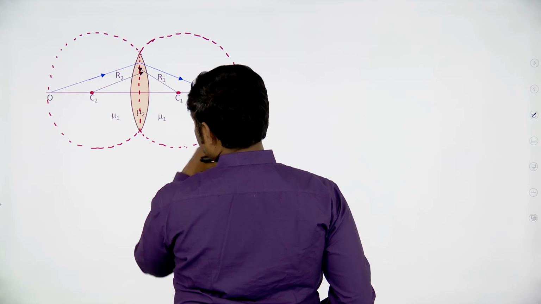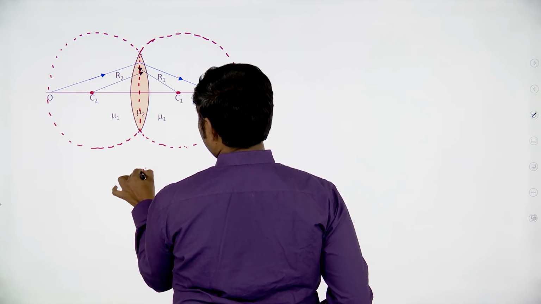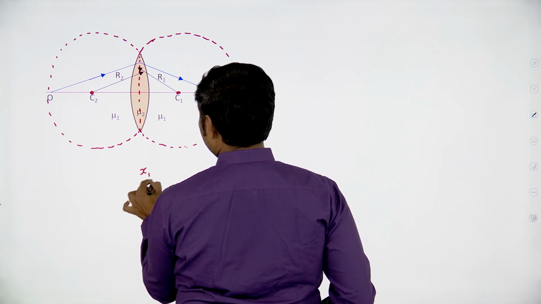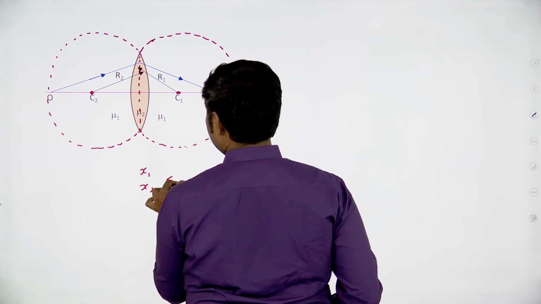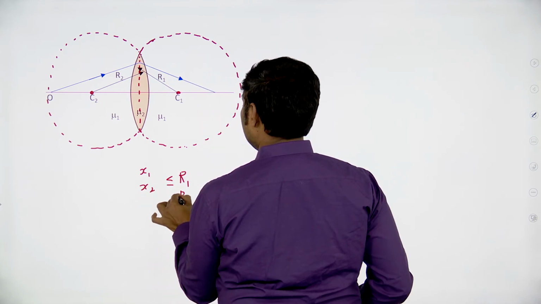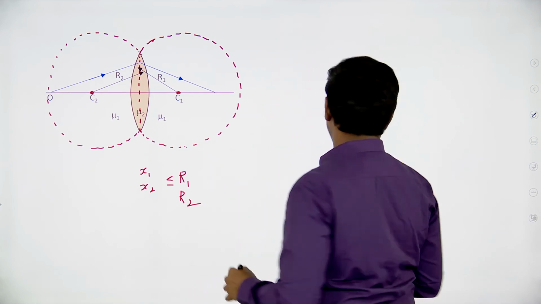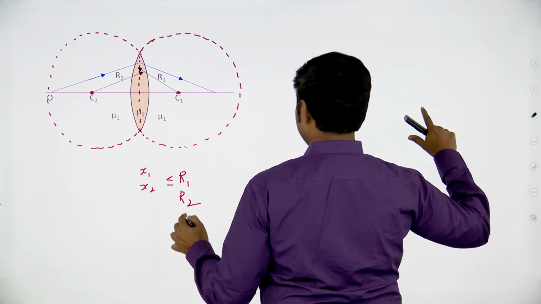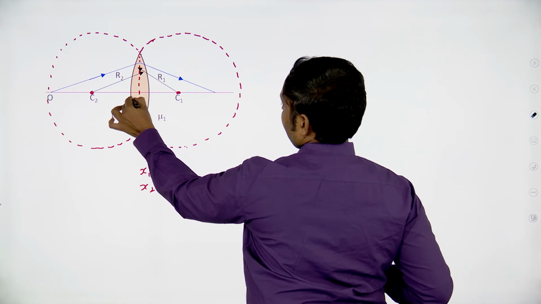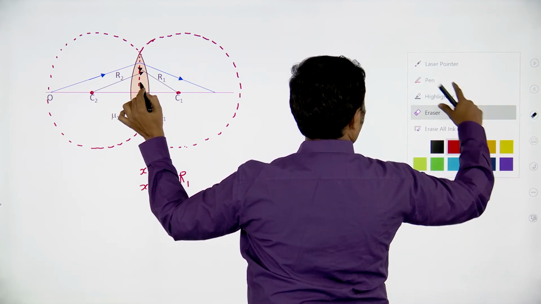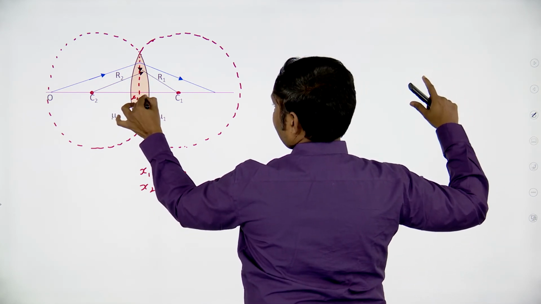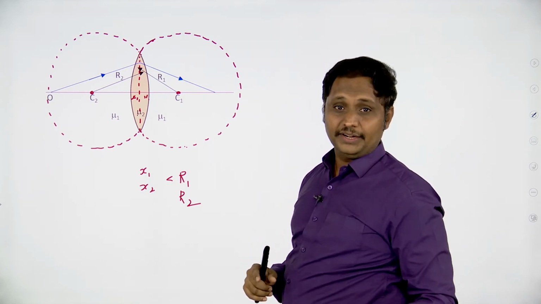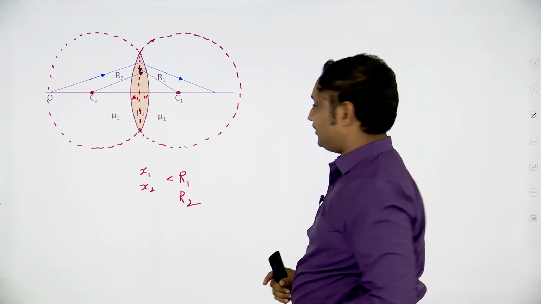The separations x1 and x2 are both very less as compared to R1 and R2. This is only one consideration.